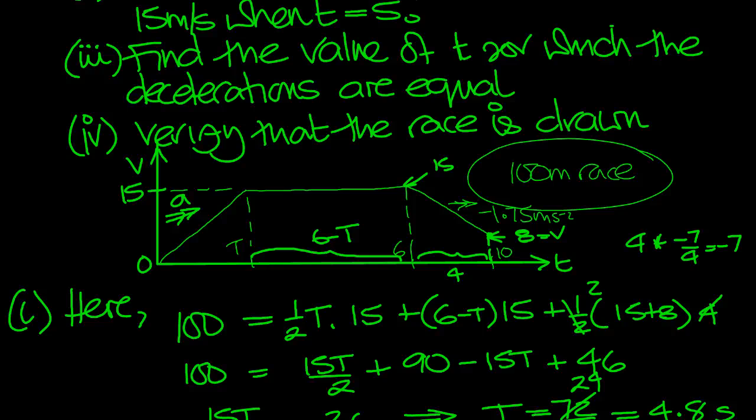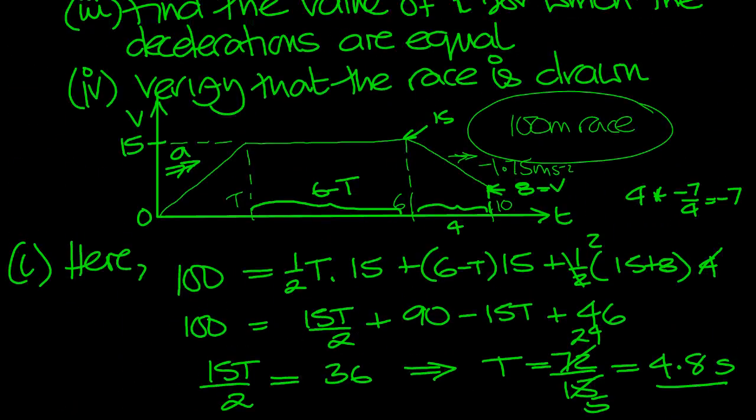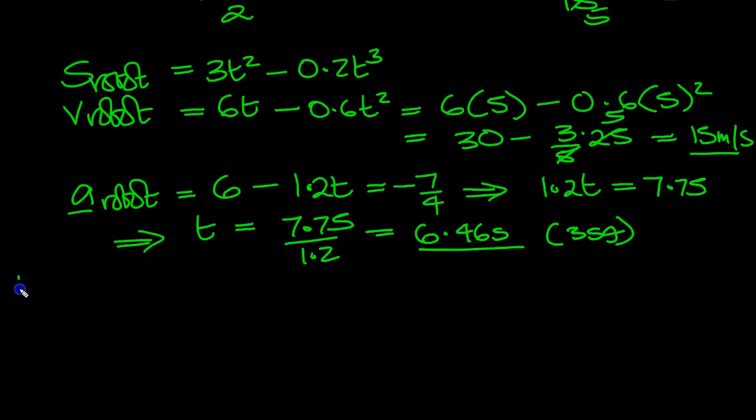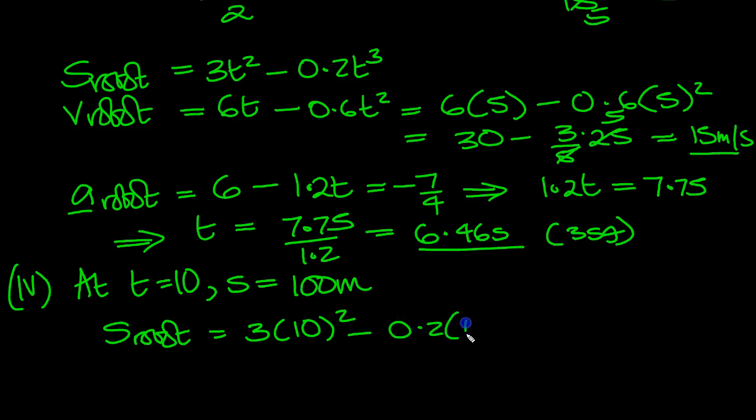So that's that done. Verify that the race is drawn. So this is part 4. For the runner at t equals 10, we're told that s is equal to 100 meters. As far as the robot is concerned, s of the robot is equal to 3 times 10 squared minus 0.2 times 10 cubed. 10 squared is 100, so that's 300.